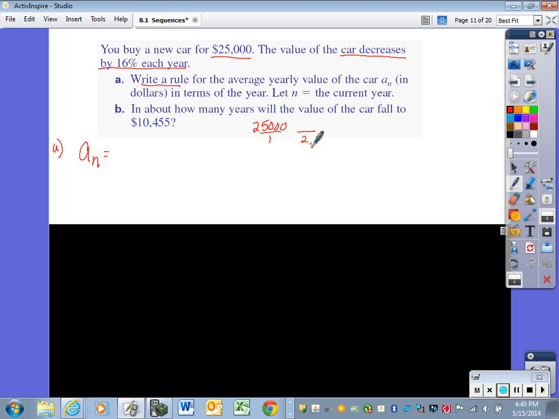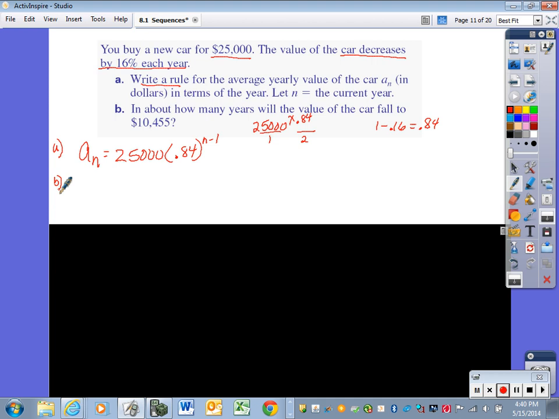What do I have to do to get my second year? 16% decrease. Decrease from 100%. 100% minus 16% gives me 84%. So if I multiply by 0.84, I should get my second year. And continually multiply by 0.84. So it is geometric. First term, 25,000, times my multiplier, 0.84, raised to the n minus 1.